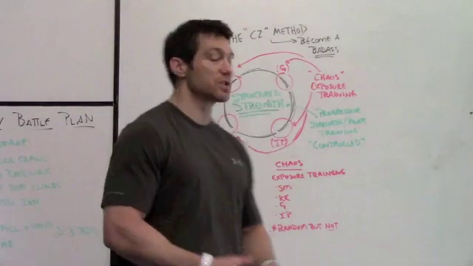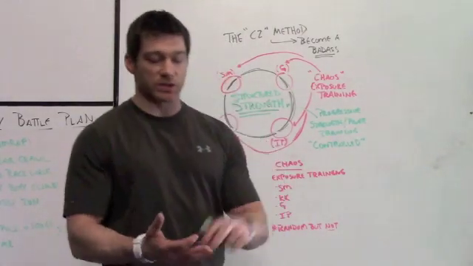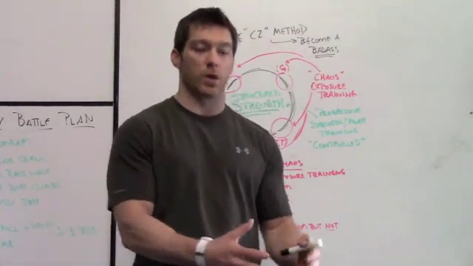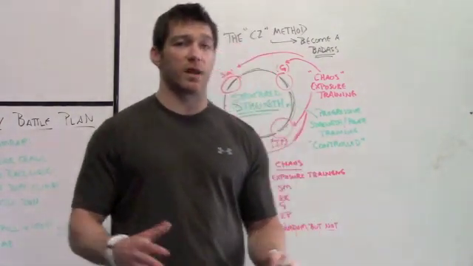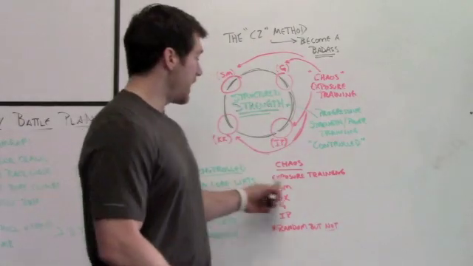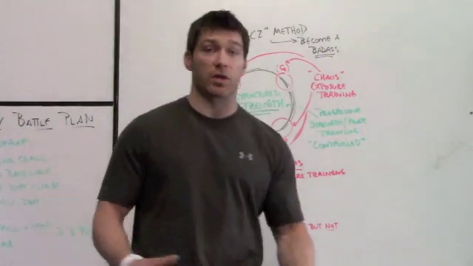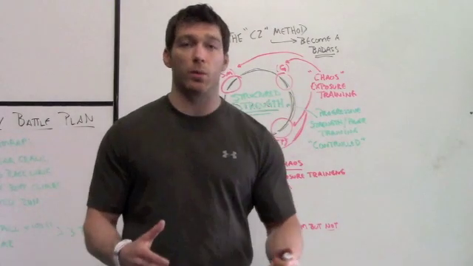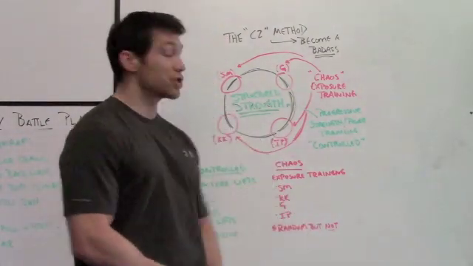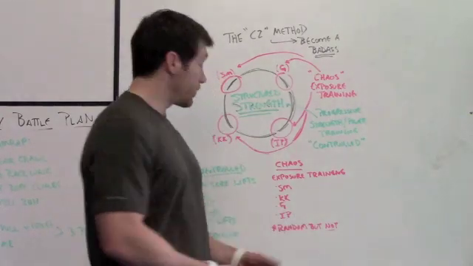The way we set the strength metcons up is typically you'll see 2 movements put together, or you might see 3 movements put together, but very rarely more than 3. It could be with lighter body weight movements, or lighter dumbbell, kettlebell movements, or heavier strength-based movements with your main lift.